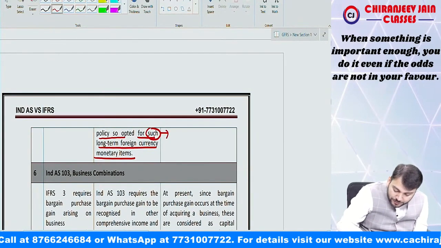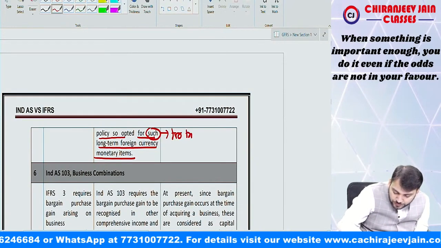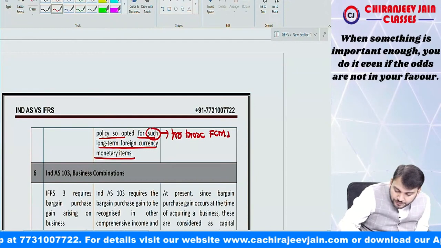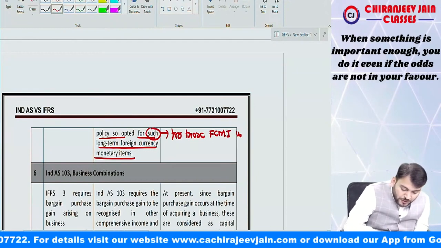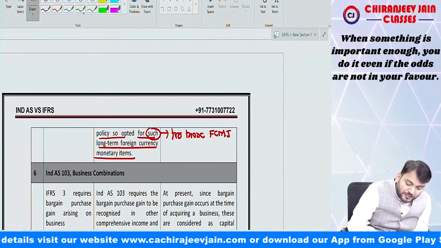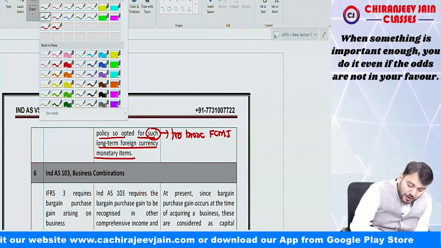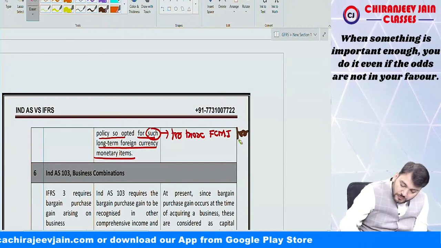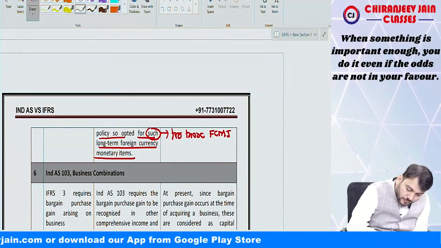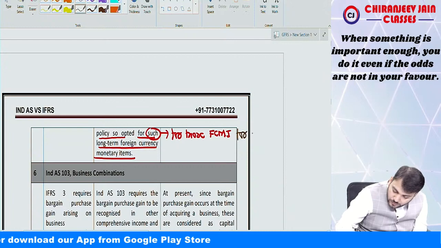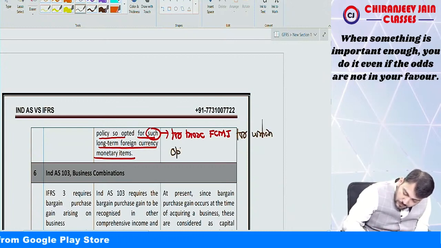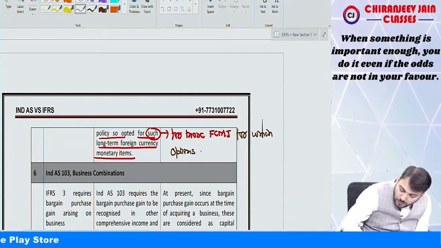For such means what? For those foreign currency monetary items for which the option was availed.